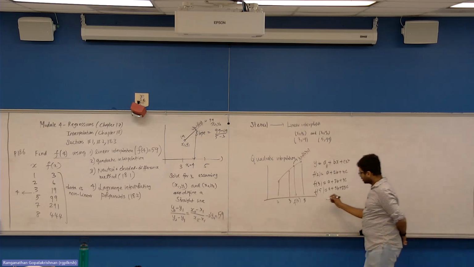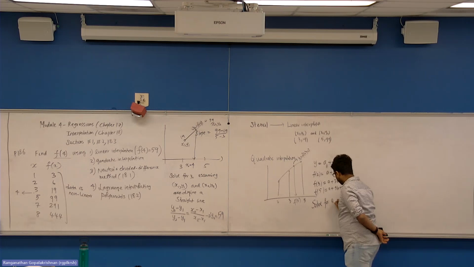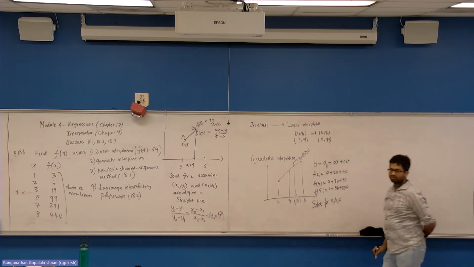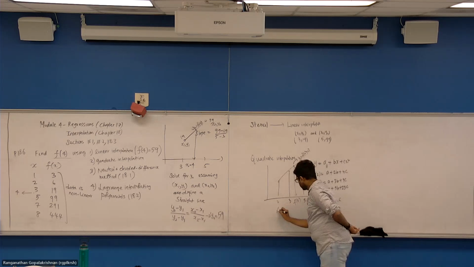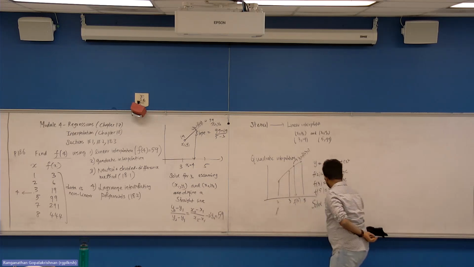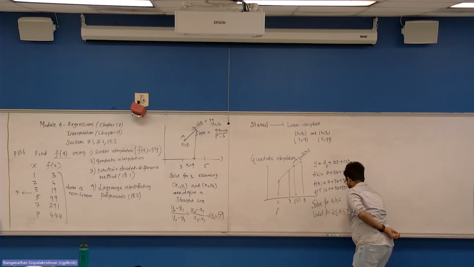Okay, so we can solve for a, b and c. And this a, b and c is valid for 2 less than or equal to x less than or equal to 5.